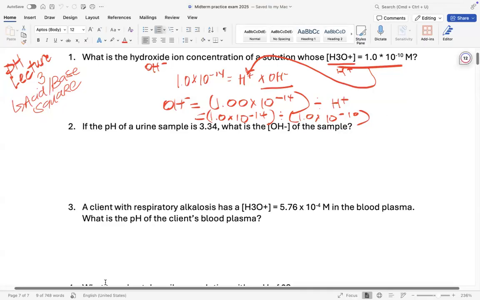So I would type into my calculator parentheses 1.0 times 10 to the negative 14th, however I do that, whether it's a caret tool or a different tool, divided by open parentheses 1.0 times 10 to the negative 10th, close parenthesis.